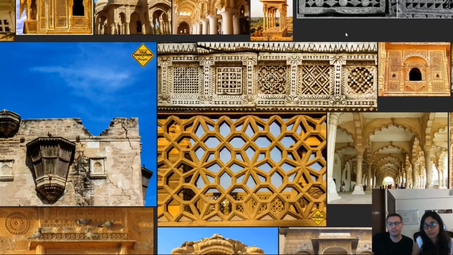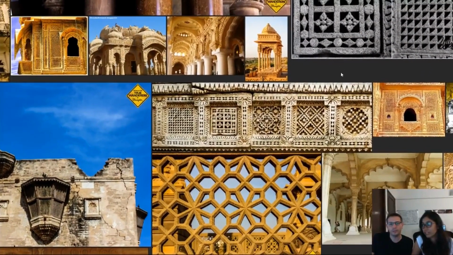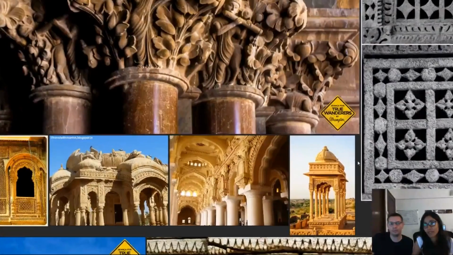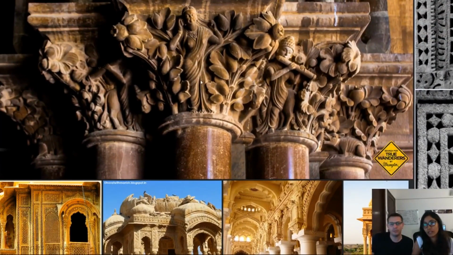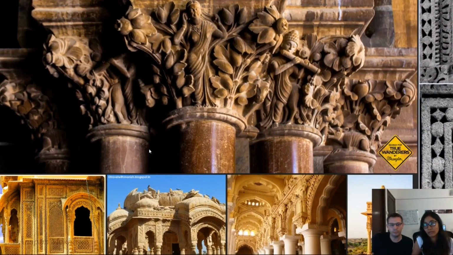But before we go into the 3D element of this, we actually did initially start out with the 2D. As you can see here, the absolute insane detail and the craftsmanship that they employed throughout Rajasthan, which is where our true inspiration came from, and the grandeur of it all.